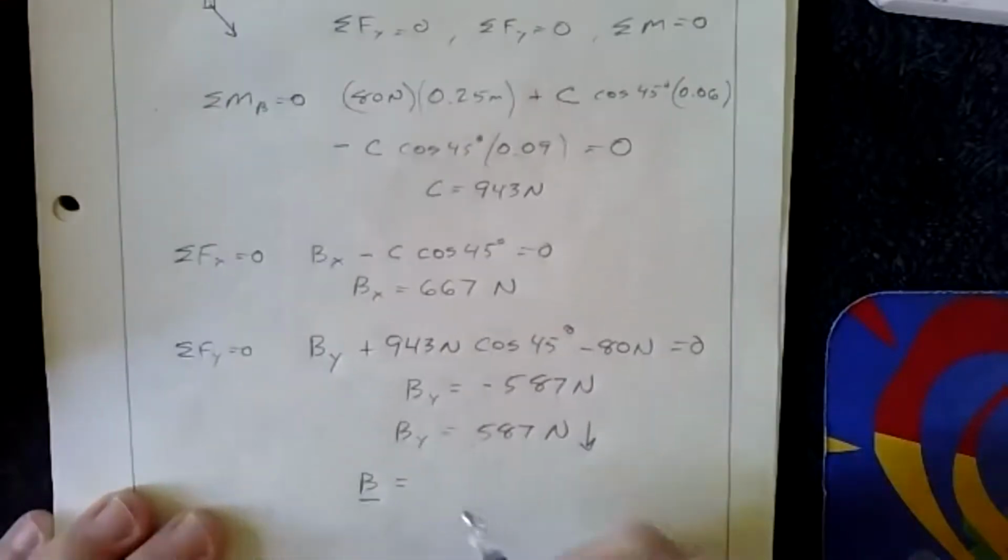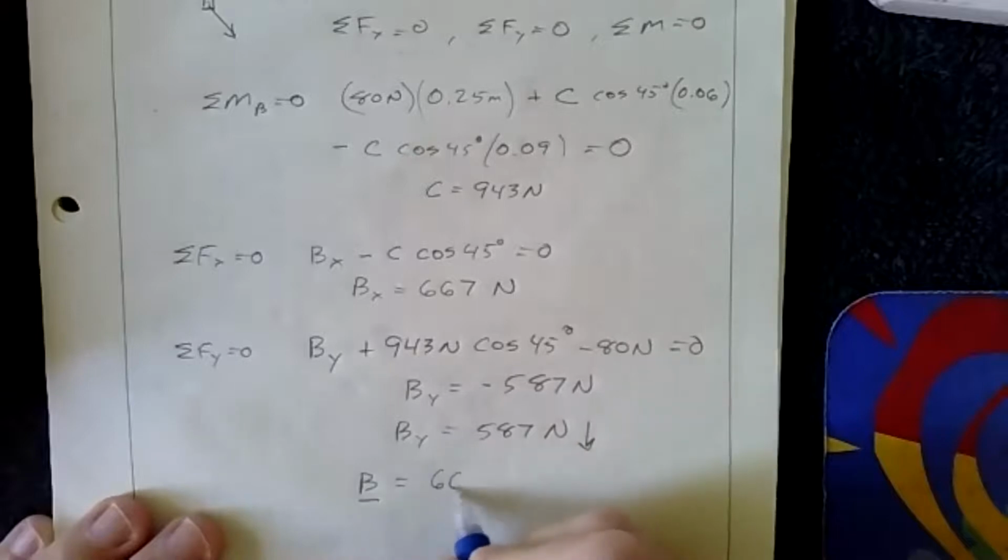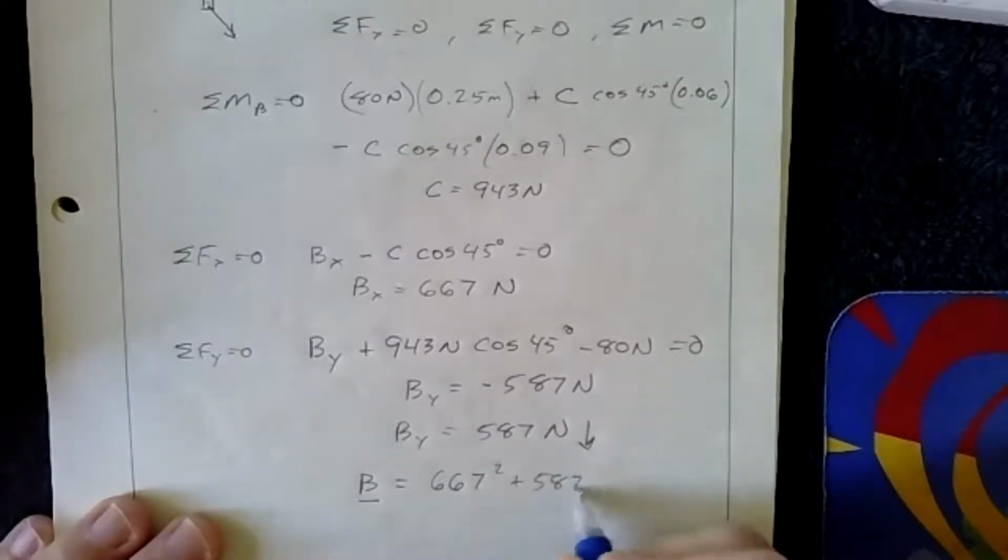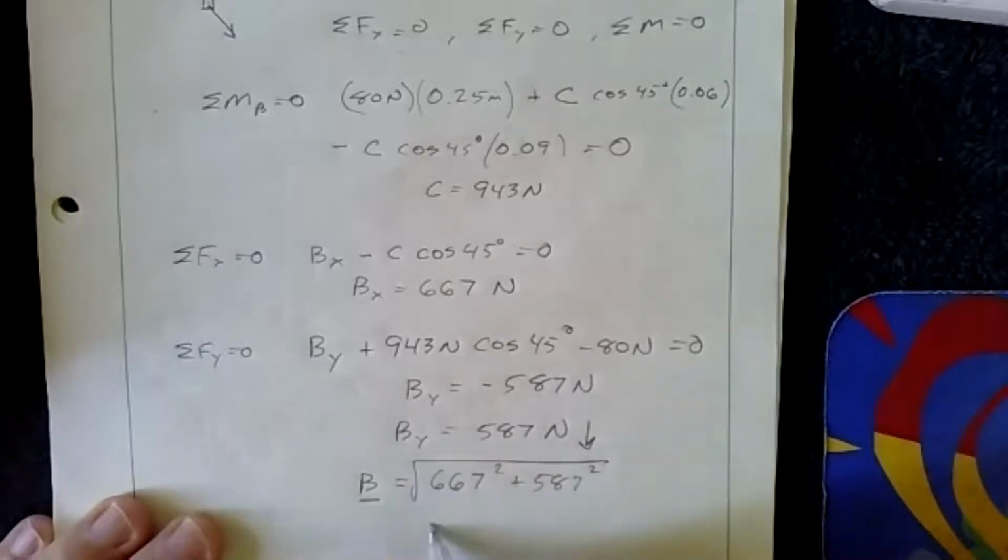Now, if I find B, the magnitude, that's just going to be the square root of 667 squared plus 587 squared, which is going to give me roughly 888.